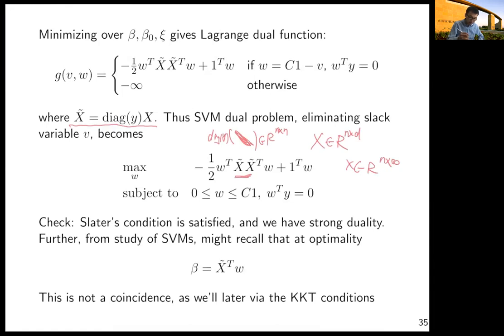So this matrix involves only calculations of X X transpose, and X X transpose is what we call a Gram matrix.